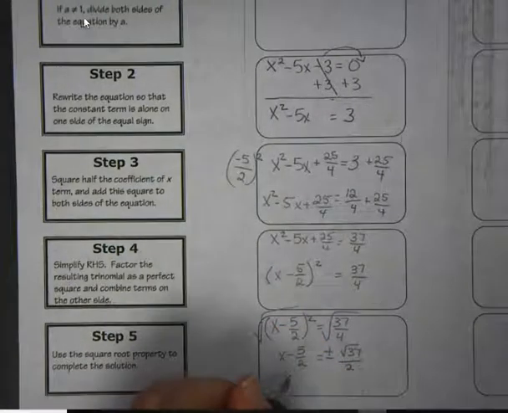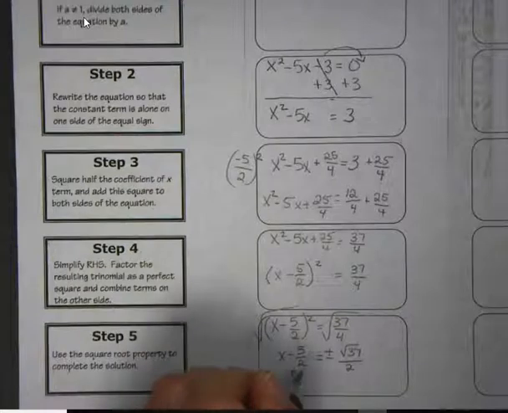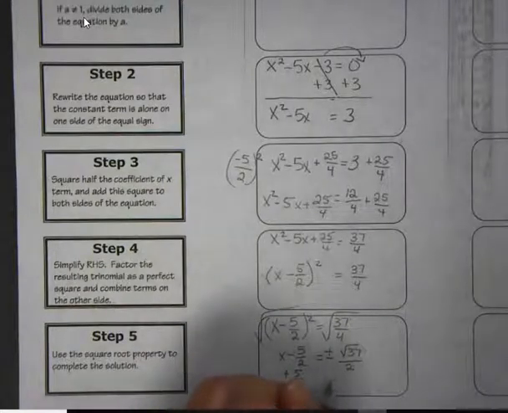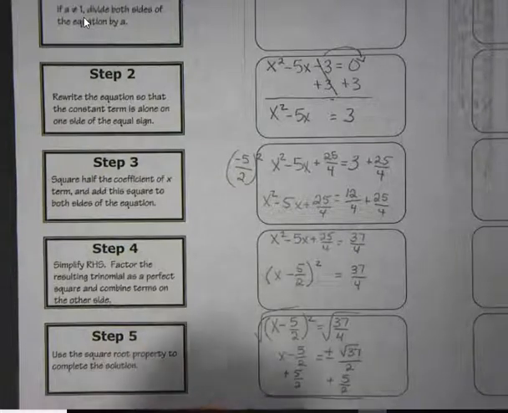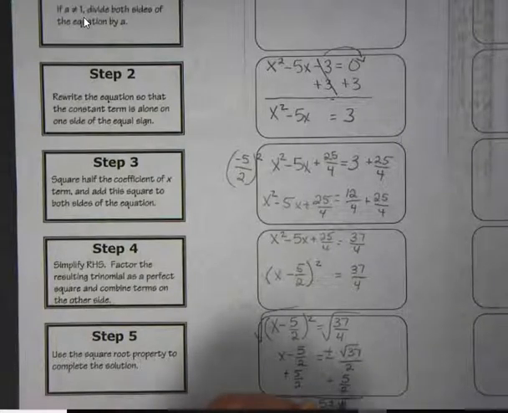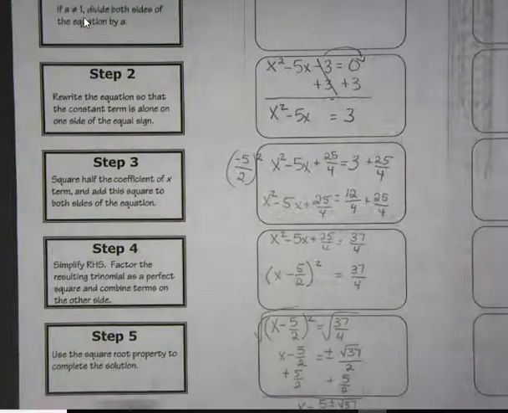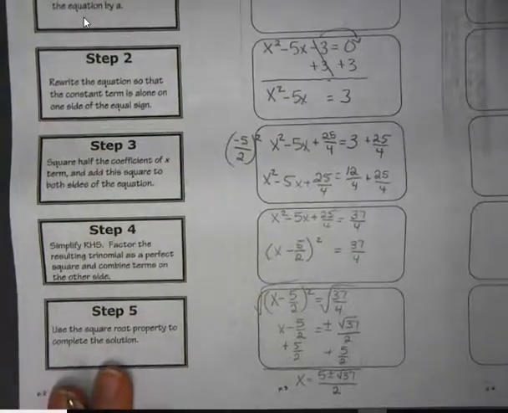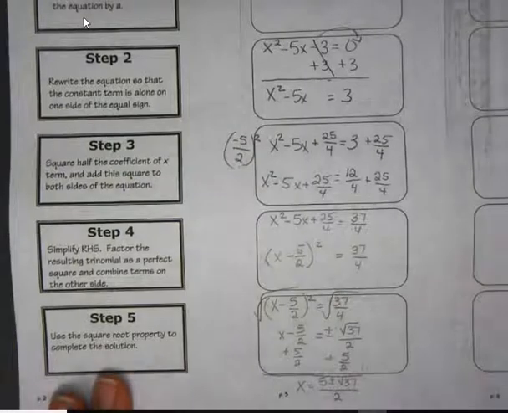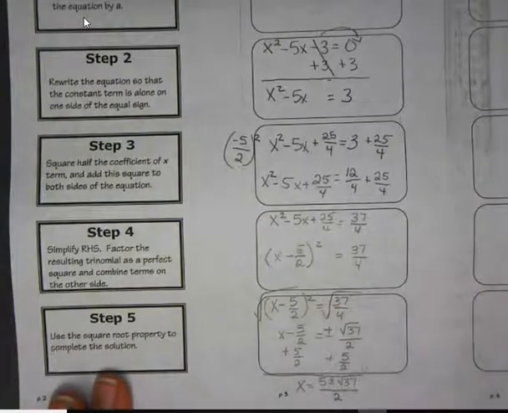And then all I have to do is add 5 over 2 to both sides. And we're going to end up with x is equal to 5 plus or minus the square root of 37, all of that over 2.